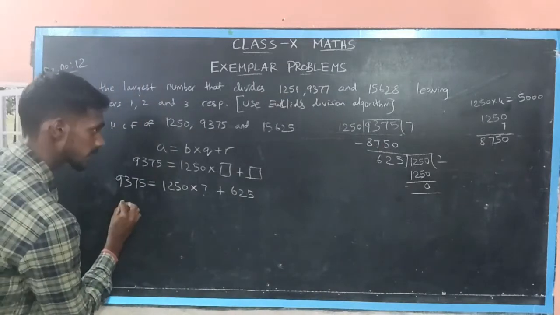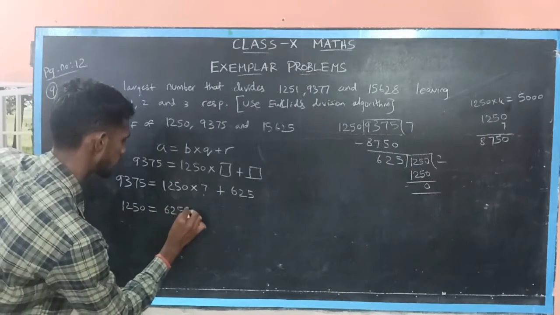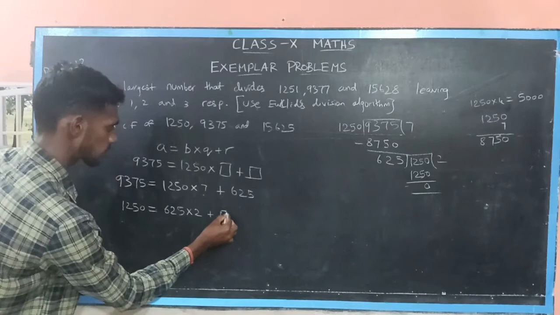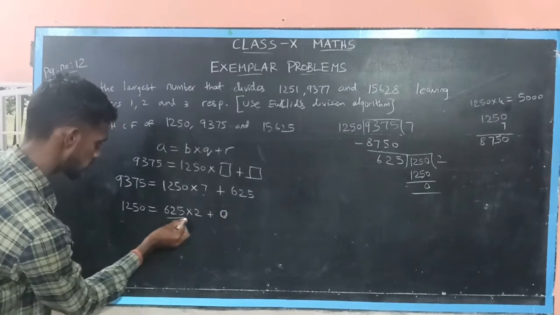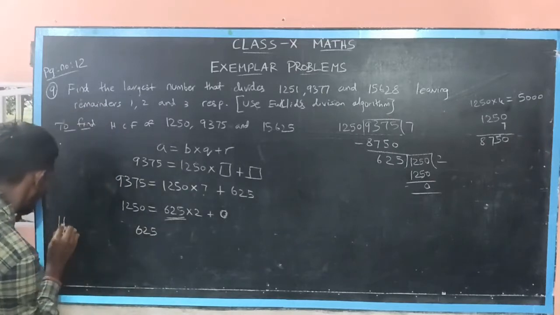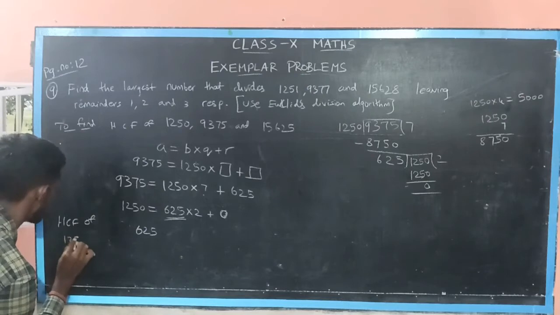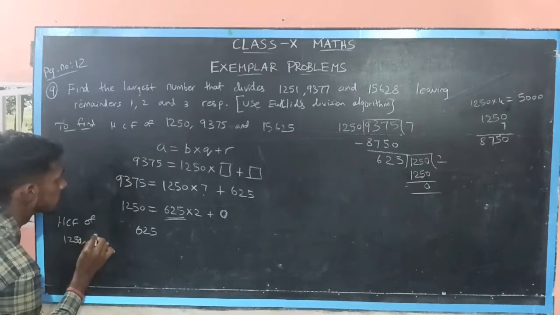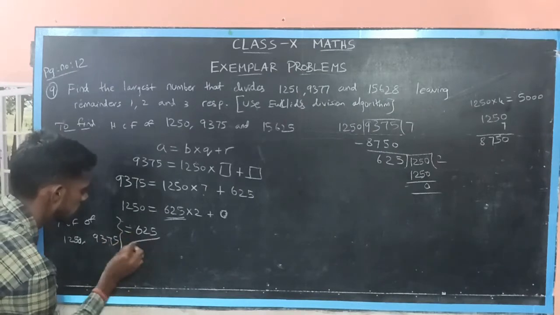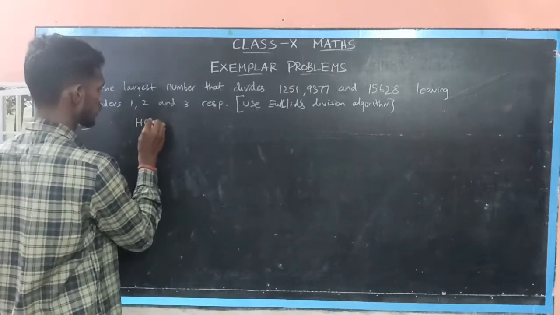Now, I can write 1250 as 625 into 2 plus 0. The remainder is 0, so I have to stop the procedure here. The last obtained B value is 625, so the HCF of the numbers 1250 and 9375 is 625.